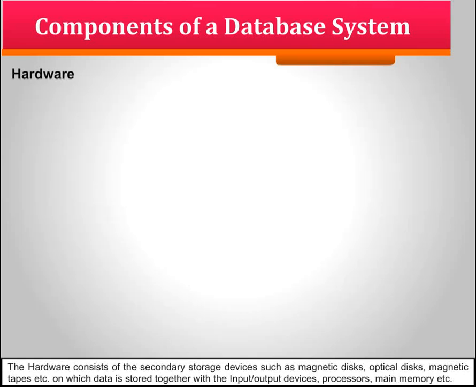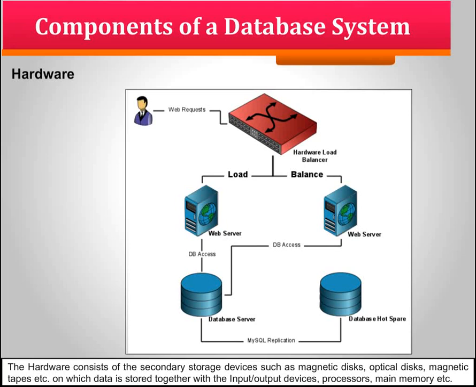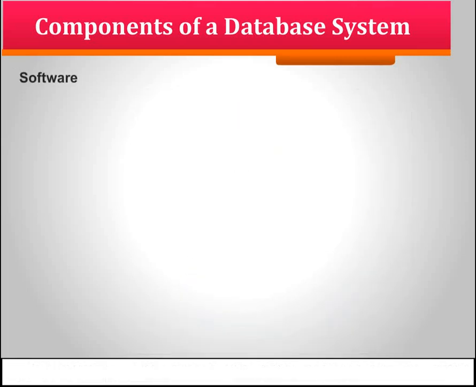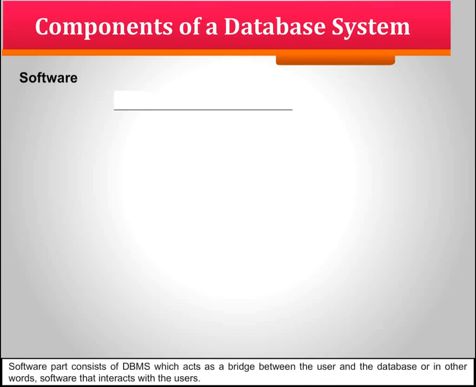Hardware. The hardware consists of secondary storage devices such as magnetic disk, optical disk, magnetic tapes, etc., on which data is stored together with the input or output devices, processors, main memory, etc. Software.